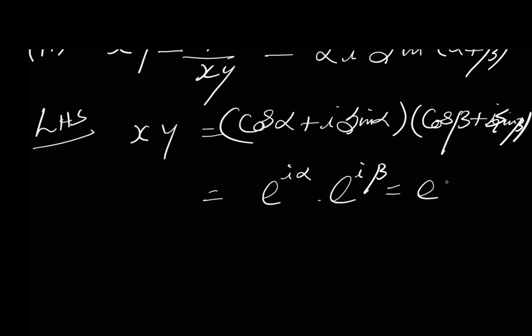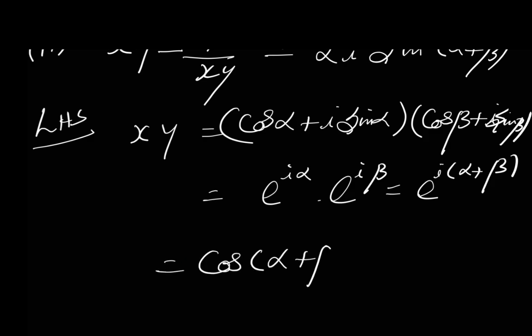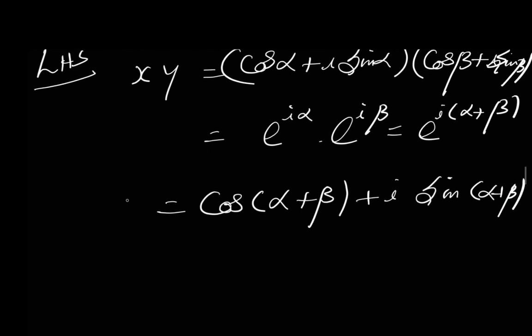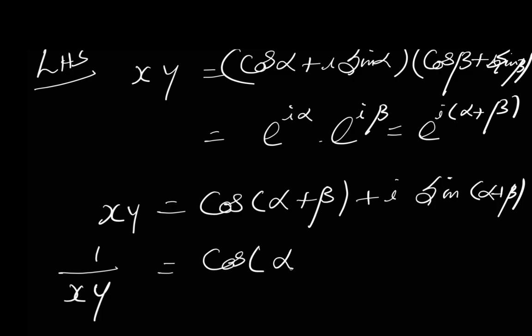In the product you have to add both the powers, e power i times alpha plus beta, that is cos of alpha plus beta plus i sin of alpha plus beta. So this is your xy. For the reciprocal 1 by xy, you will get the conjugate: cos of alpha plus beta minus i sin of alpha plus beta.